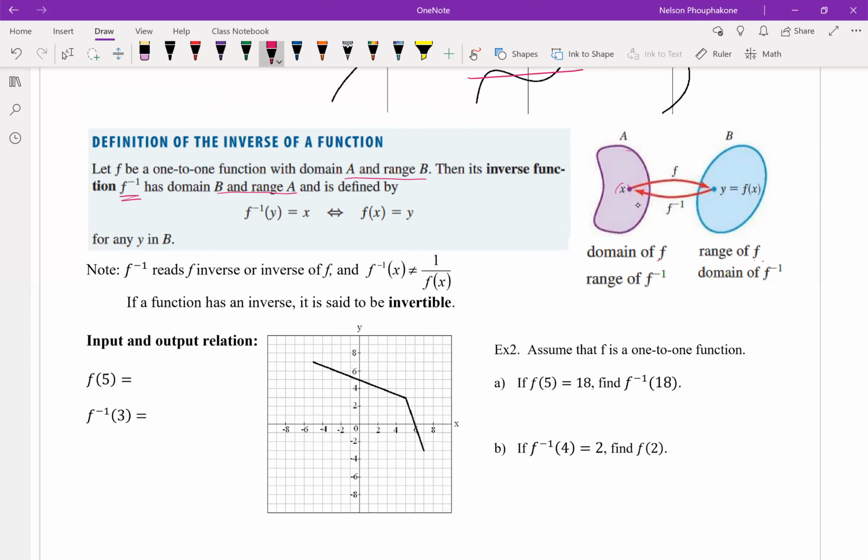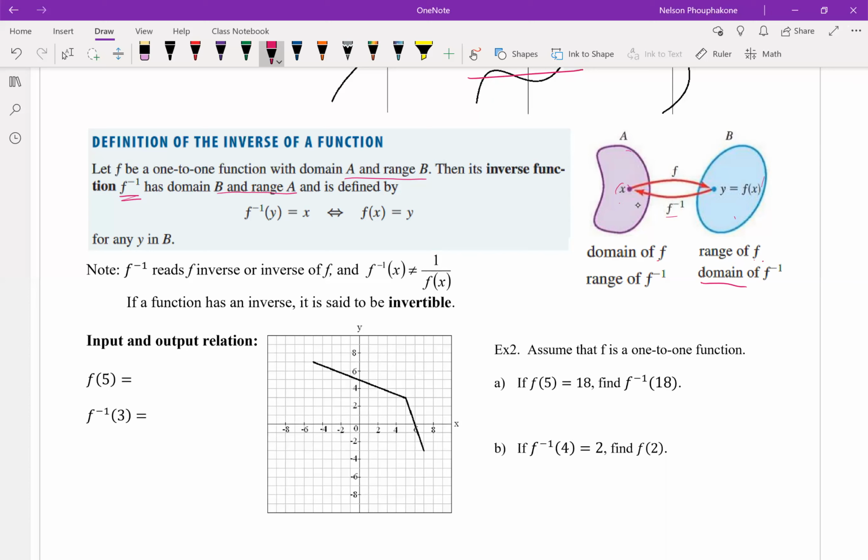However, its inverse goes from output back to input. For the inverse function, B is the input, so it becomes the domain of the inverse function. A is the output of the inverse, so A becomes the range of the inverse function.